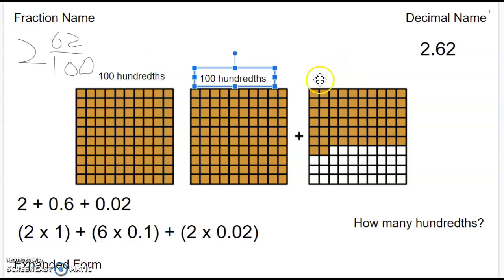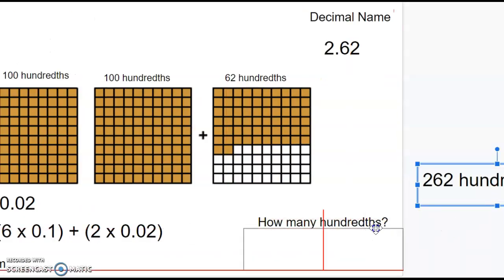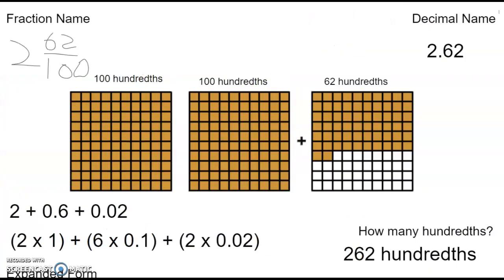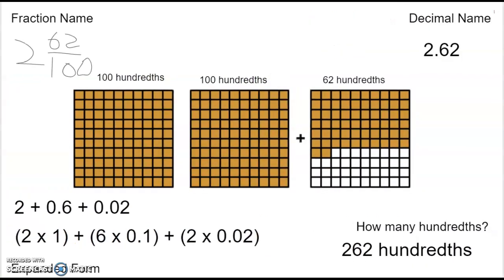Well, then how many hundredths are over here? Now, this one's the one that not many people were struggling with yesterday. There's just 62. You already knew there were 62 hundredths over here. But I want to know how many hundredths are all together. So there are 262 hundredths. And I keep getting off the screen, but that's okay.